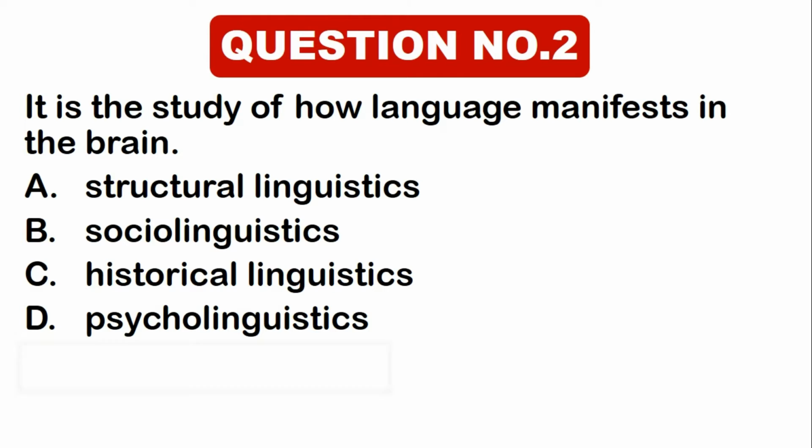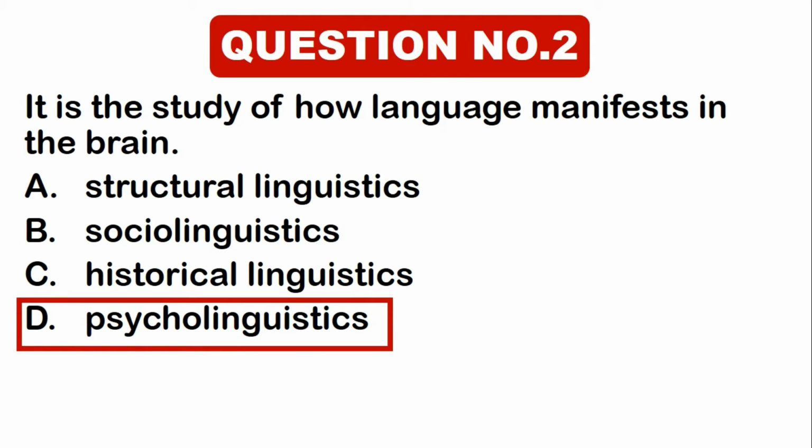The correct answer is psycholinguistics, the study of how language manifests in the brain. Well, we all know that psycholinguistics is the study of the mental aspects of language and speech. When you say mental, it is related to the human brain.